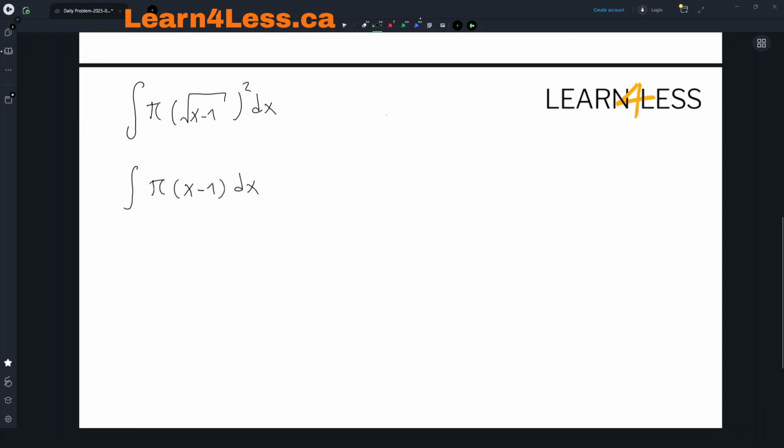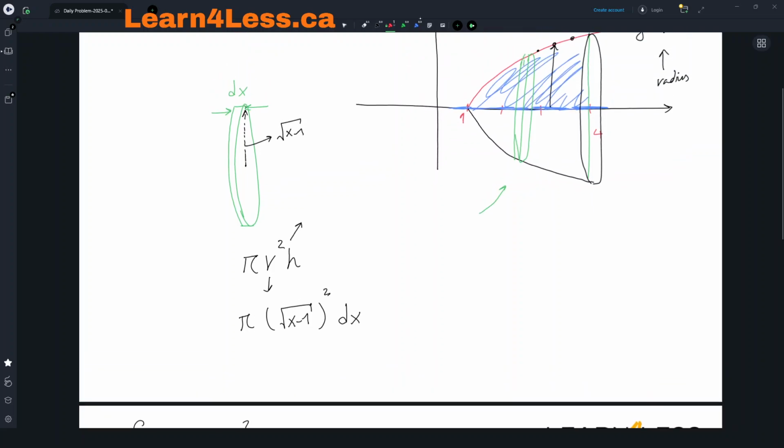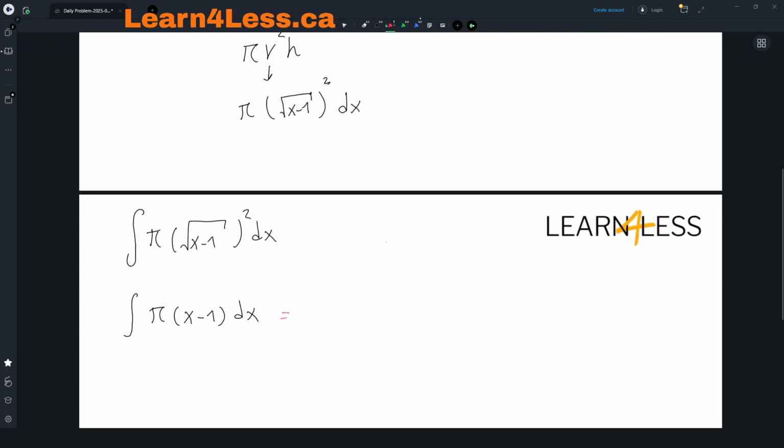It's easier if I take out the pi. Before that, because we are stacking all of these layers from x equals 1 all the way to x equals 4, the bounds of this integral would be 1 to 4. Let's have that in mind. So I take out the pi because it's a constant: the integral from 1 to 4 of x minus 1 dx.